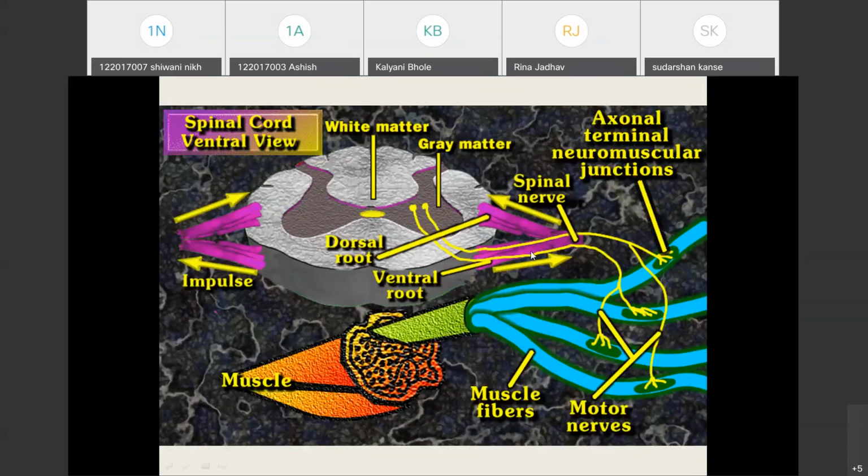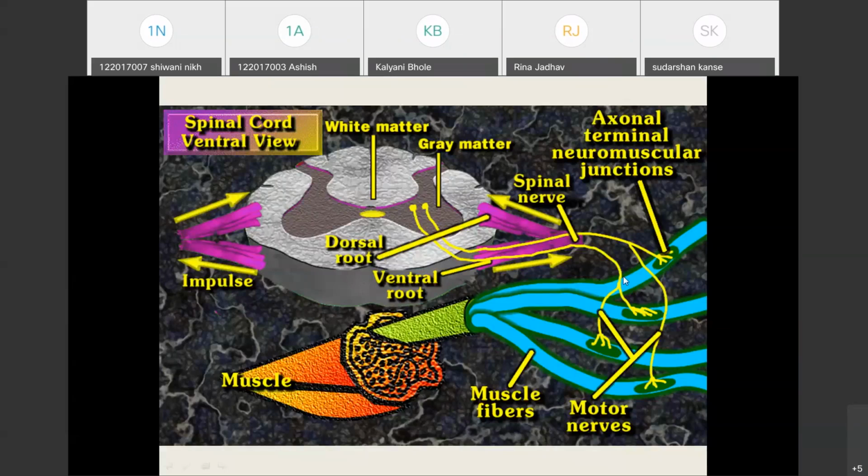You can see these yellow neurons. So the signal comes from the brain. You can see the cross section of the spinal cord. From the spinal cord, the signal is coming via this nerve, and the signal is given to this muscle. You can see this is the muscle. The muscle fiber is opened up for understanding purposes.